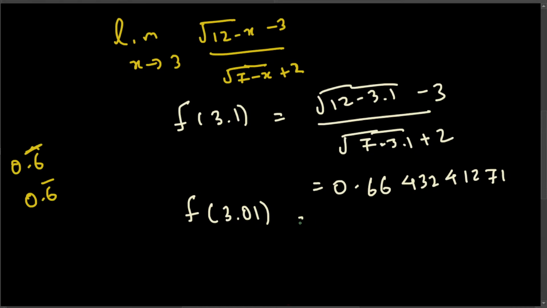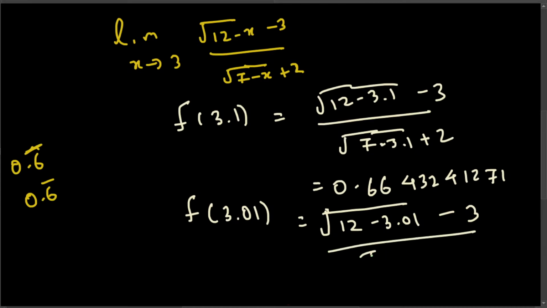You can get a number that is even closer than this to 3, like 3.01, and try this method as well. The closer you get to 3, the more accurate the answer is going to be. So this one is going to be more accurate than this one, because this one is closer to 3. Okay, so if I substitute in this equation, this is going to be 12 minus 3.01, minus 3, divided by the square root of 7 minus 3.01, plus 2.